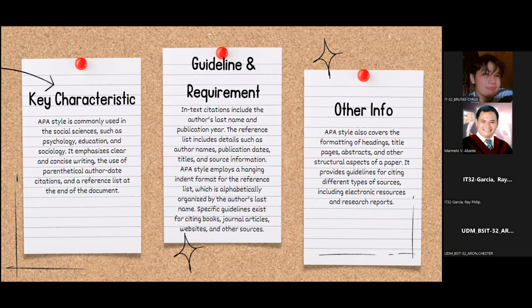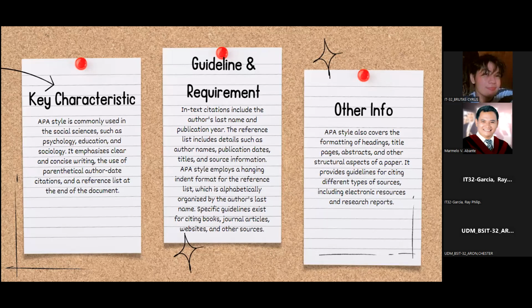So in the key characteristics of the APA style, it is commonly used in the social sciences such as psychology, education, and sociology. It emphasizes clear and concise writing, the use of parenthetical author-date citation, and a reference list at the end of the document. So the guidelines and requirements of APA: the in-text citation includes the author's last name and the publication year.